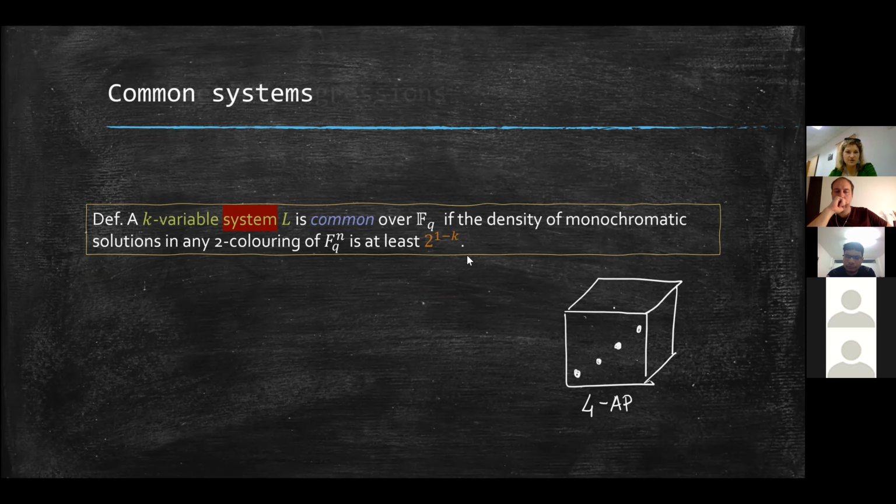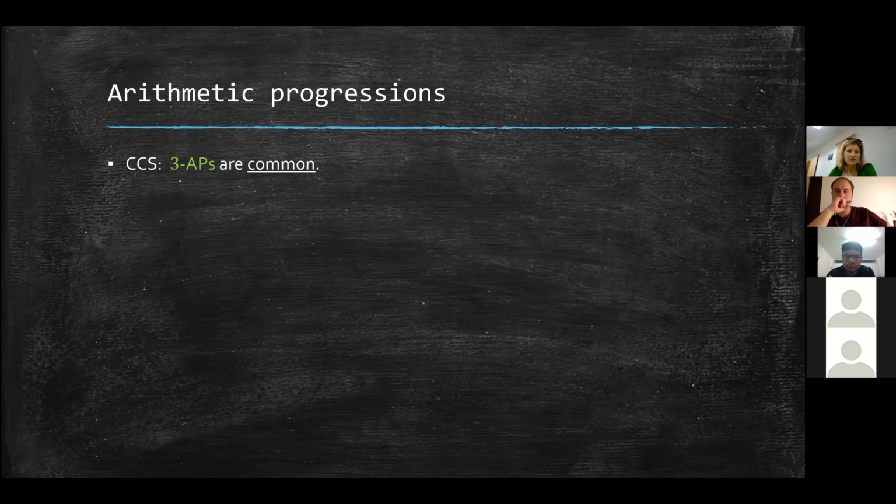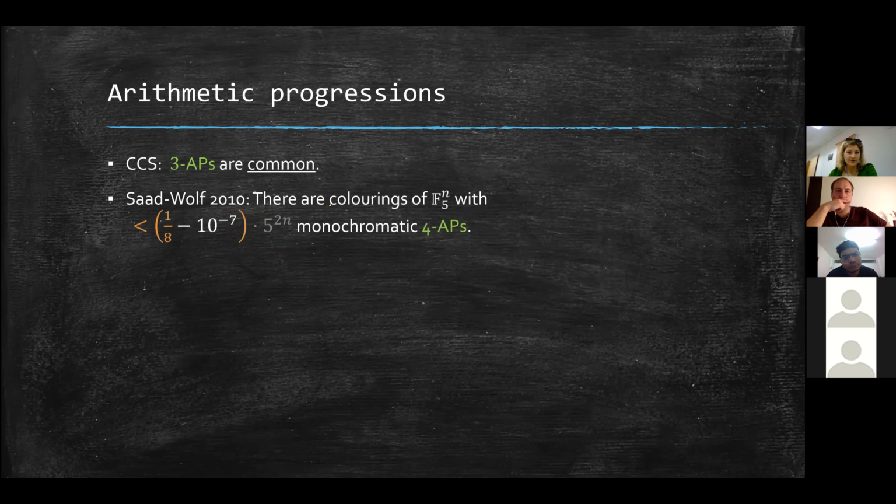So what is known? Well, it's known that 3-term arithmetic progressions are common. I've shown you that. However, already for k equals 4, Saad and Wolf found colorings of F5 to the n with fewer than expected 4-term arithmetic progressions.